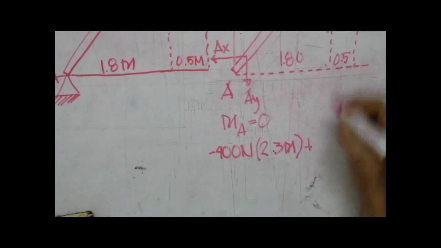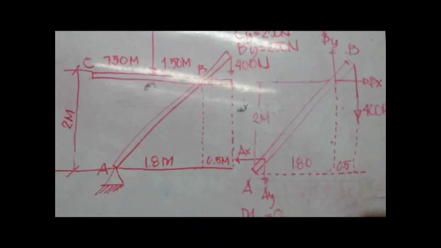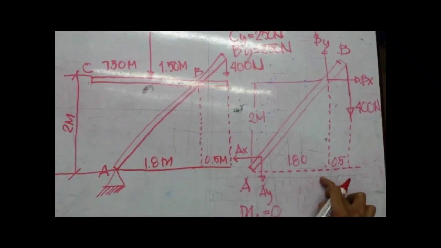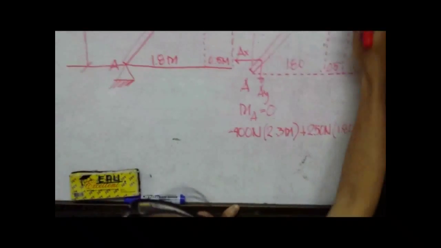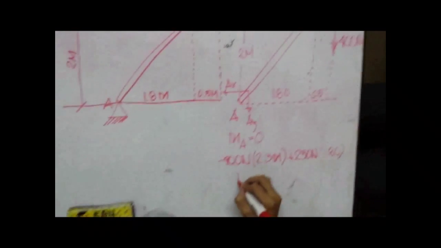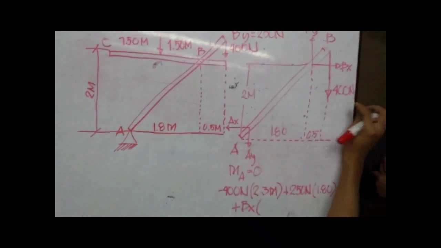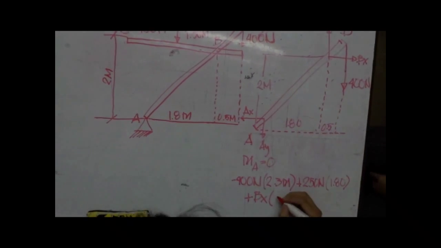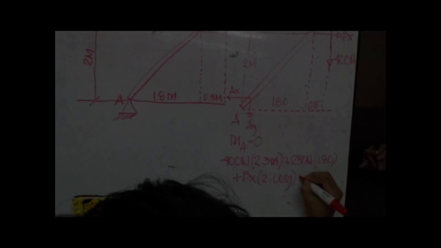Plus the value of By, which is 250 newtons, over here, multiplied by the distance from point A, which is 1.8 meters, since it's the y component. And then we're going to add the x component of B, multiplied by the y distance from point A, which is the 2 meters. All this equal to 0.